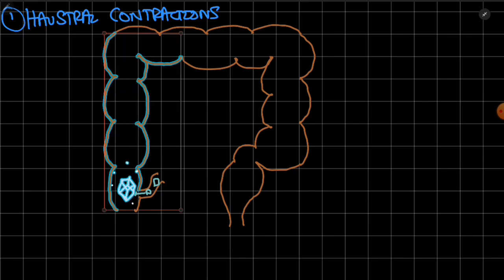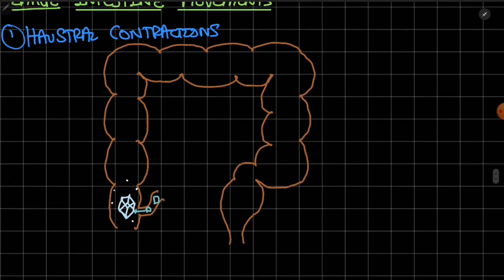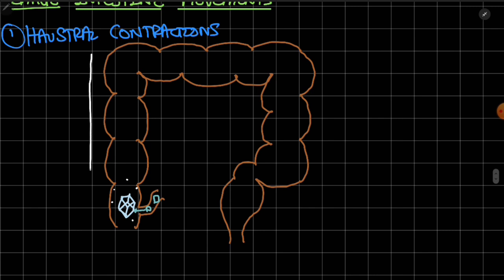What is this? Yes, this is the ascending colon. This is the length of the ascending colon, and one movement occurs only here. The major movement in the ascending colon is the haustral movement.